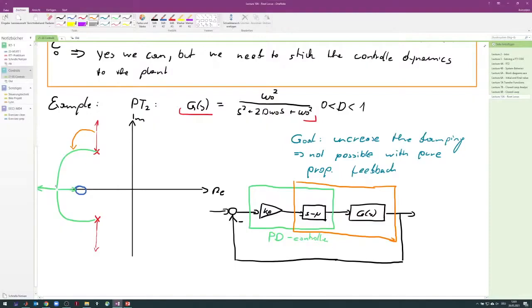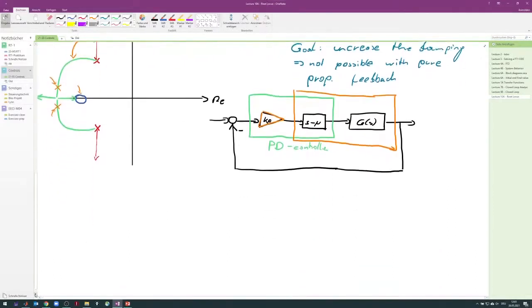And now you can say, okay, I can increase the damping, for example, to here, because now I can find a proportional gain. But obviously your controller now has this proportional gain to place these poles here, and it has this zero here. I think it's not that hard. You just need to be aware of what you're doing here once, right?